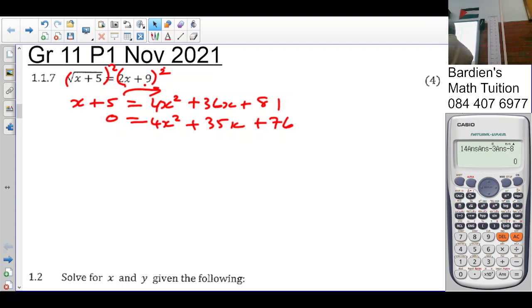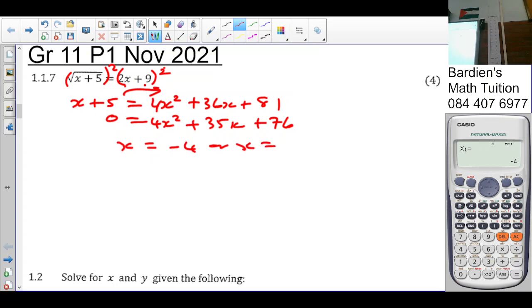A is 4, B is 35, and C is 76. If you've got this calculator, why not just use it? The x values are negative 4, or x is equal to negative 19 over 4.